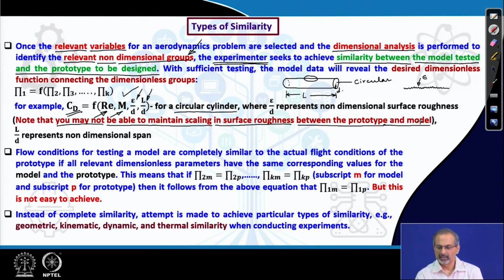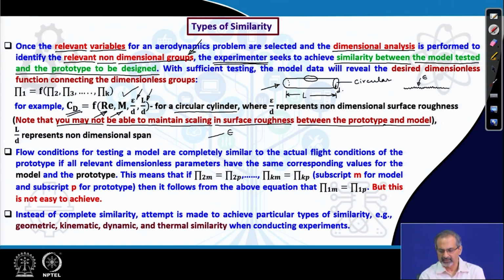Why is it so? Because let us say you are applying the same machining technique to fabricate a very small cylinder for your wind tunnel test here, and the same manufacturing process to build the much larger cylinder which will be part of your prototype.